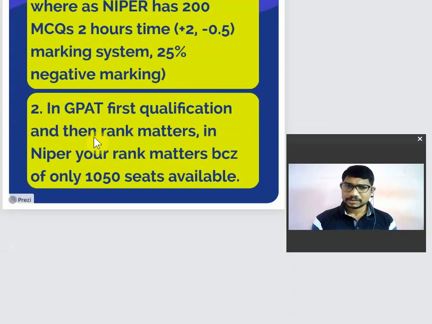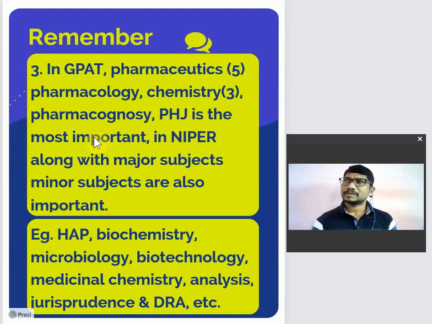Now the third difference between GPAT and Niper is the important subjects. What are the important subjects for GPAT, and what are the important subjects for Niper? In GPAT, your core subjects like pharmaceutics, pharmacology, chemistry, pharmacognosy, and jurisprudence are most important.